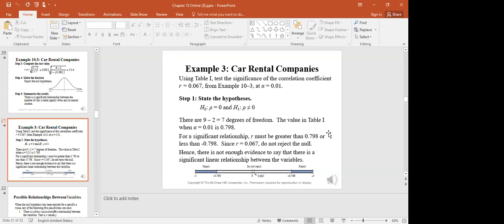And if you look at example 10.3 in your textbook, this example is not example 3. Test of significance.